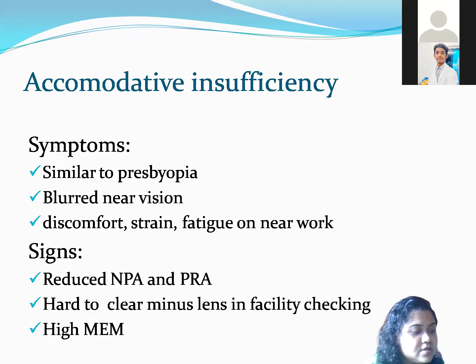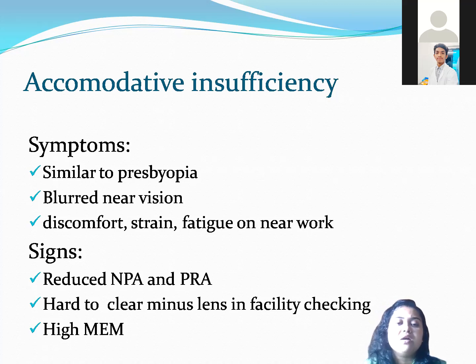There will be a reduced NPA, that means the near point of accommodation will be reduced. The amplitude of accommodation will also be reduced. Comparing with Hofstadter's formula, which is 18.5 minus 0.3 into age: for a 10-year-old child, 0.3 into 10 is 3, so 18.5 minus 3 is 15.5.